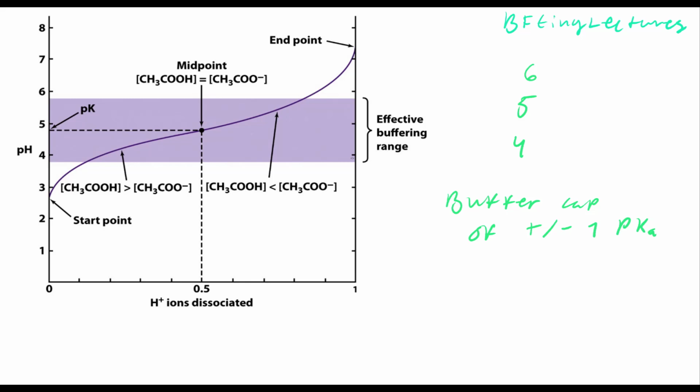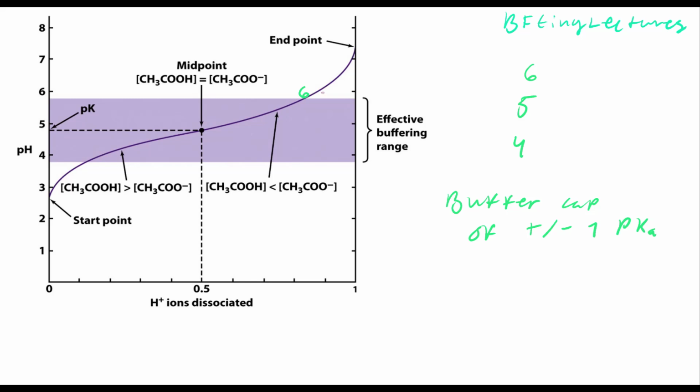So if you were deprotonating the molecule, the maximum that you can be is 6. And when you hit 6 right there, the buffer is no longer effective. You're just going to shoot up to a basic level, okay? 6 is essentially the last location that you would have an effective buffer.